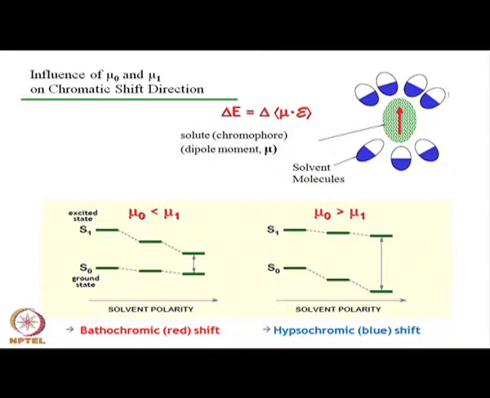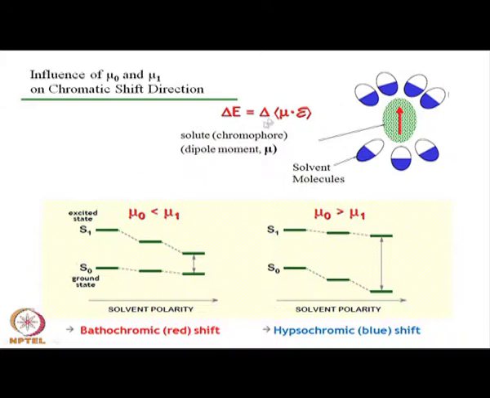Now, if you increase the polarity, what is happening? This is the expression for the amount of stabilization that you are going to expect when there is a change in dipole moment. Delta E is the change in stabilization, whether it is stabilized or destabilized. Delta E is equal to delta mu dot E, where E is related to the electric field experienced by this dipole moment, and that has some connection to the polarity of the system.